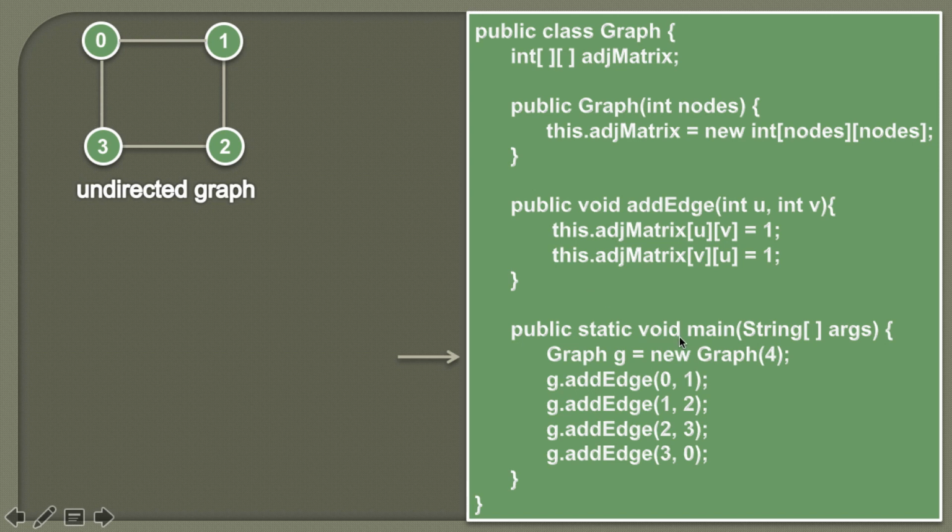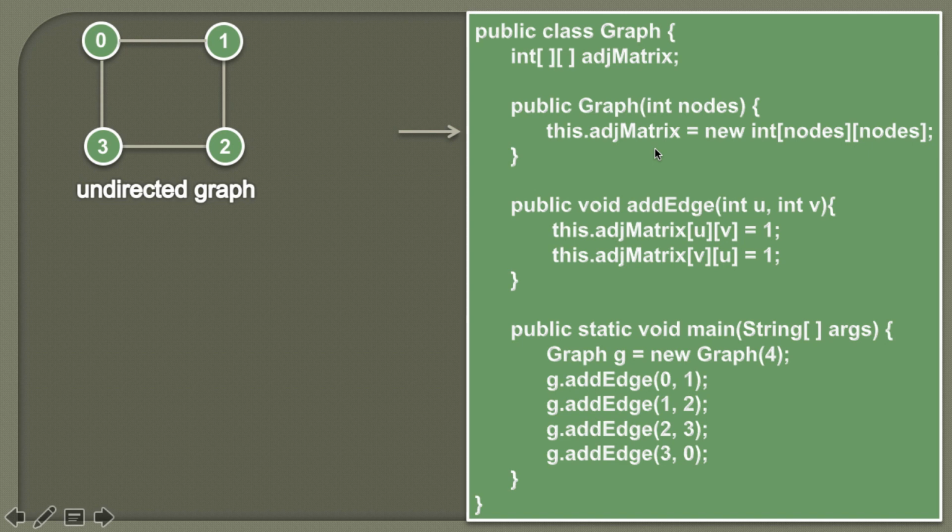So let's suppose in our main method we first initialize the graph with the number of nodes. Here you can see there are 4 nodes, so we are passing the number as 4. Now the execution goes into the constructor of Graph where nodes has the value 4.